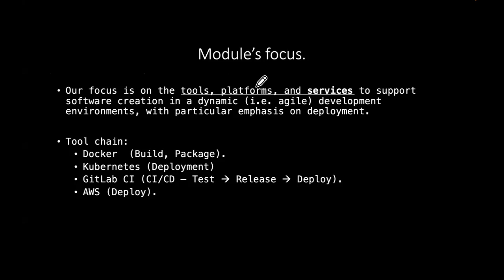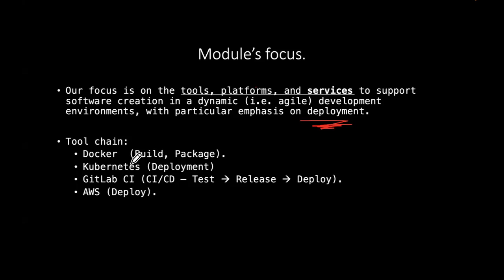And we'll spend a lot of time on the deployment part of the process. I'm listing here the tools that I'd like to cover. Initially we'll spend quite a lot of time on the Docker tool, and that's focused on building an application and packaging it. Then we move on to Kubernetes, which is all about deployment.